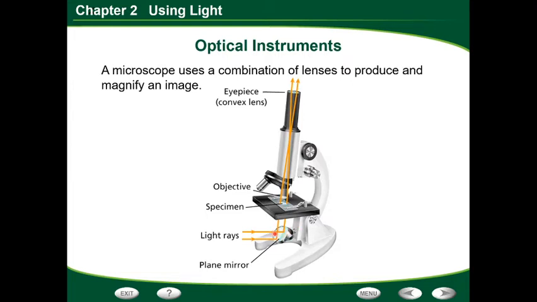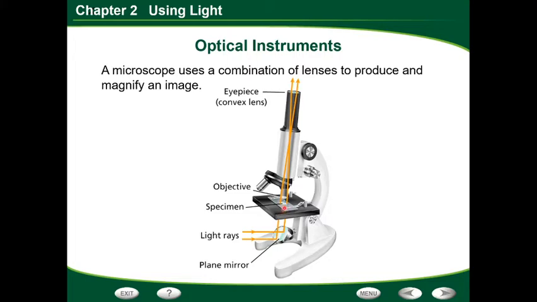If this mirror wasn't calibrated right, we wouldn't have light going into it, and this part where it's supposed to be shining light from the bottom up is just going to appear very dark. So this plane mirror is a very important piece for our microscope. Once it gets reflected upwards, it's going to go through this transparent piece of glass that will hold whatever specimen you're trying to look at.